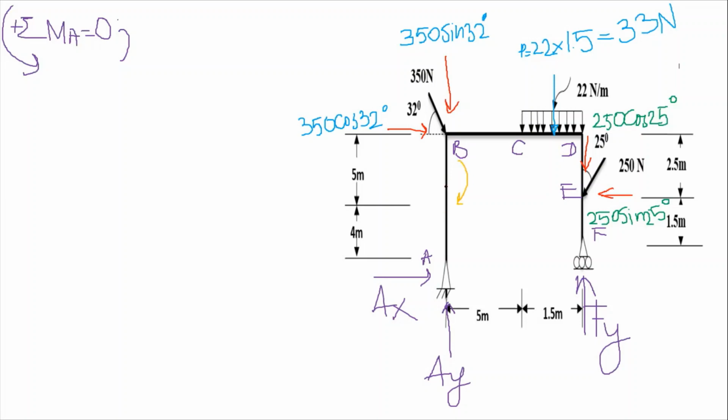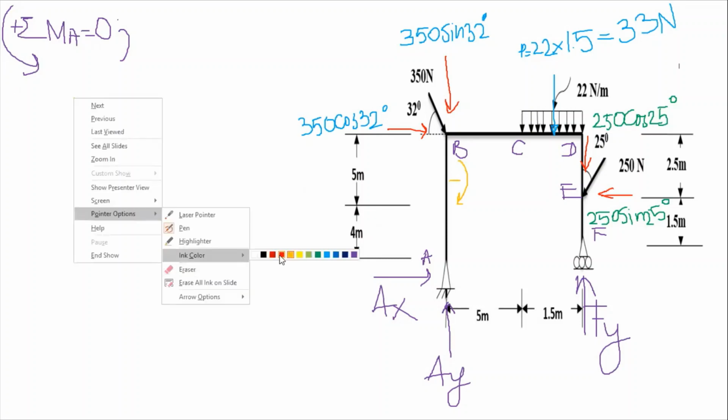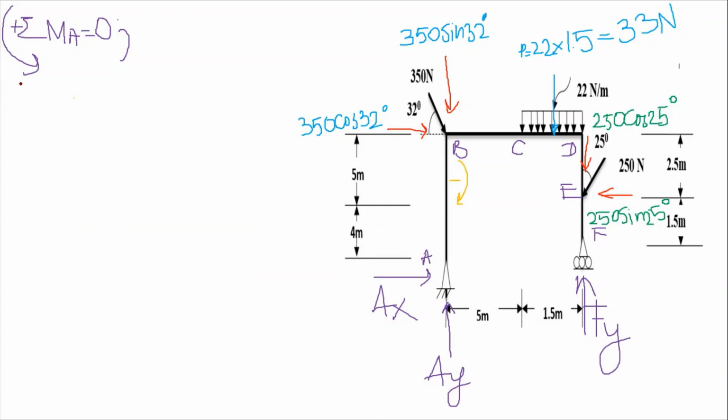Its direction is negative. So when we rotate it, it should multiply with the vertical distance. So it will be 9 meter, 5 plus 4, because we are summing up moment at A. Let me take another pointer color, red, and it is negative. Opposite whatever we have, 350 cos of 32 degree multiplied by 9.